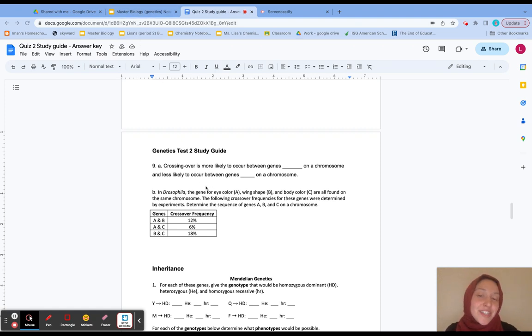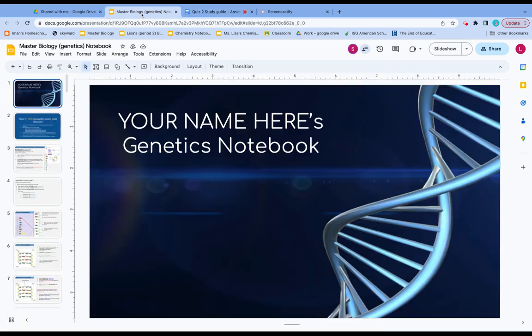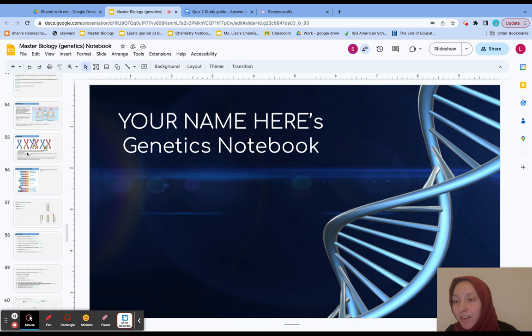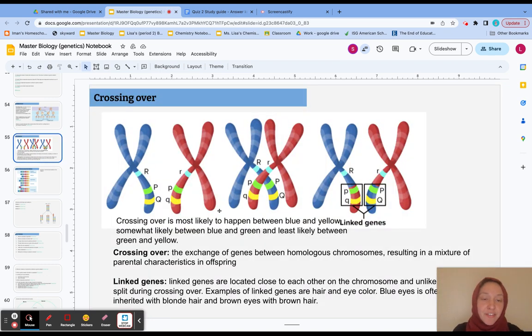Okay, so the first question here is about crossing over. If we look at our notebook and go to crossing over, here it is on slide 55. We said that if genes are farther apart on the chromosome, there's a higher probability that crossing over will happen between them because there's more space between them, right?